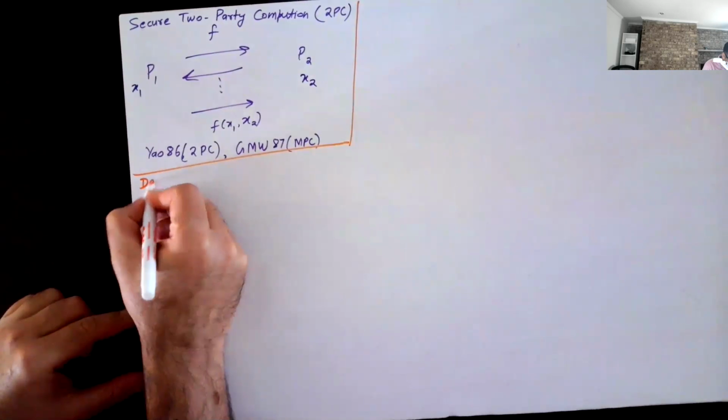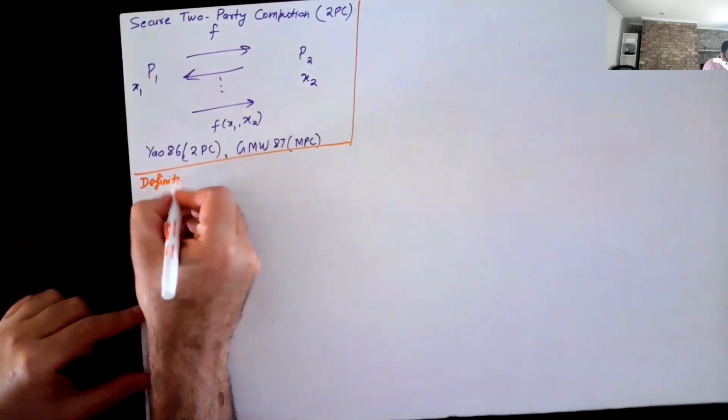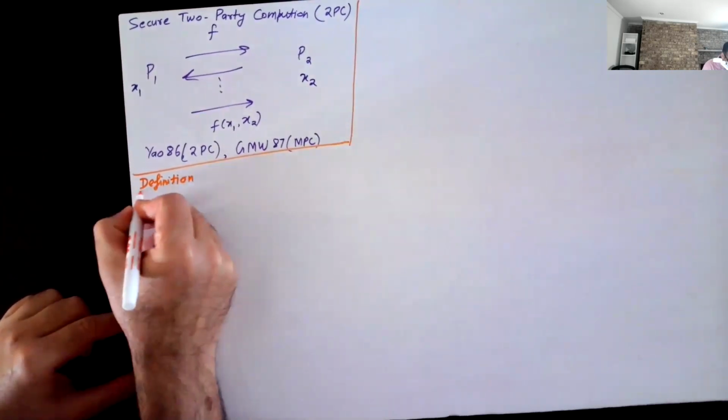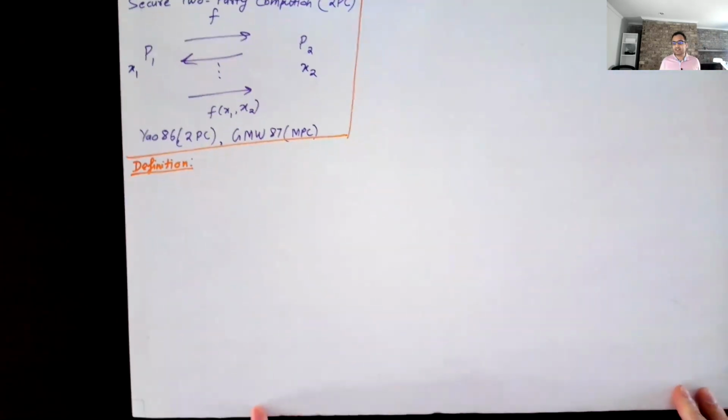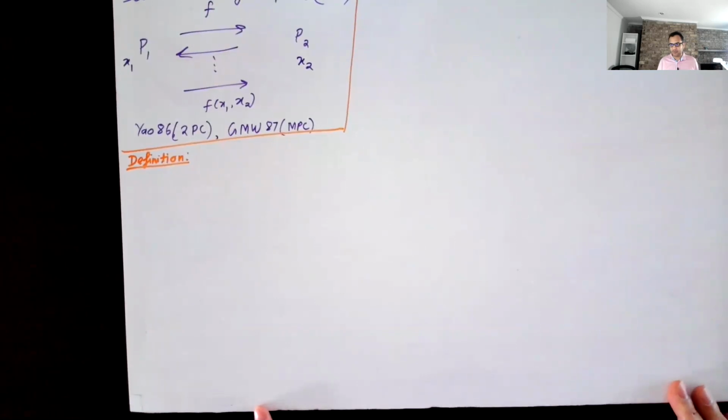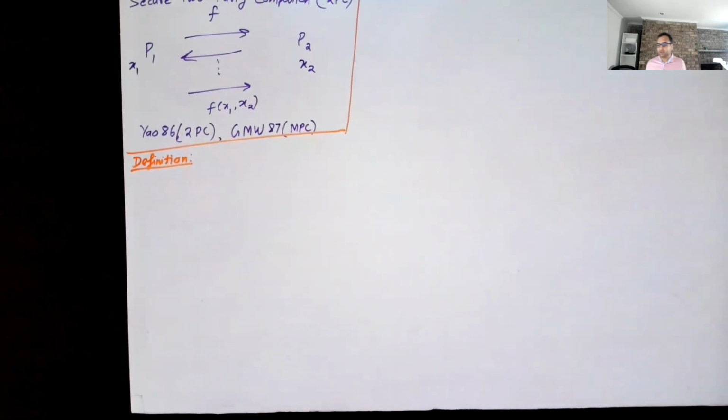Okay, so let's look at the definition. So our definition is heavily inspired by the definition of zero knowledge proofs. So recall that in zero knowledge proofs, we required the existence of a PPT simulator. The simulator doesn't get any input. Simulator doesn't have the witness, doesn't have any secret information, and yet the simulator is able to produce the entire protocol transcript, right?